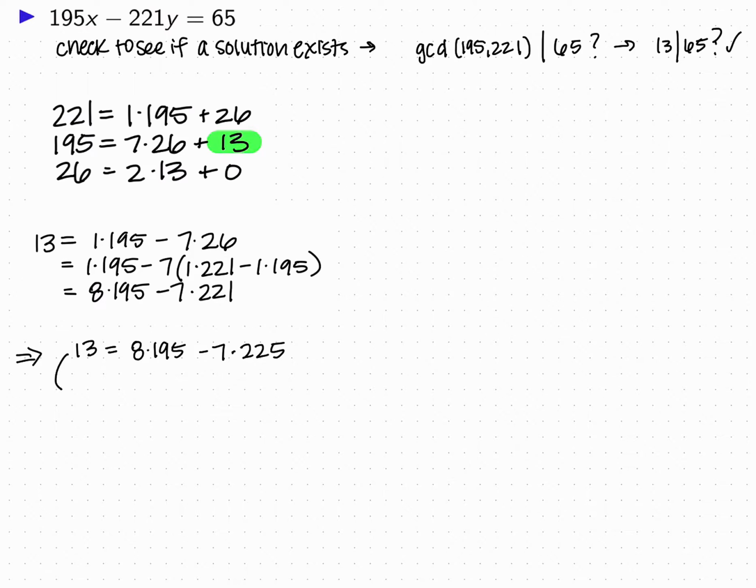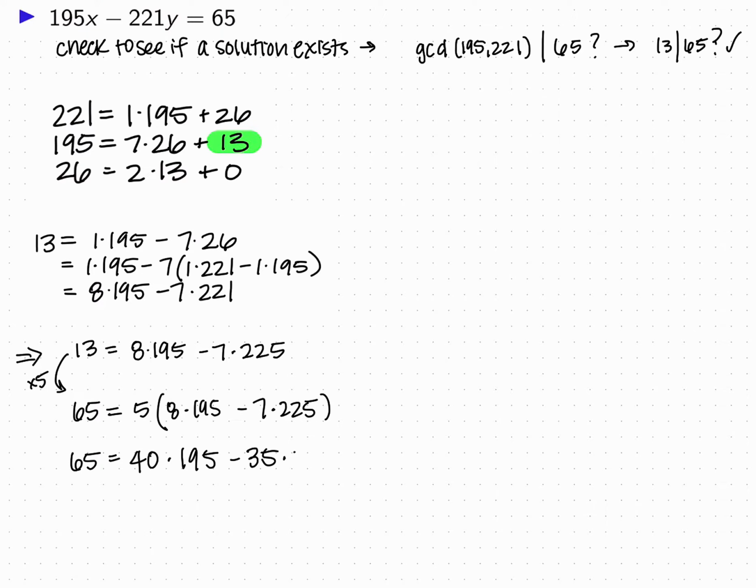So I'm going to multiply my entire equation by 5. Now I'll have that 65 equals 5 times 8 times 195 minus 7 times 221. So 65 equals 40 times 195 minus 35 times 221.